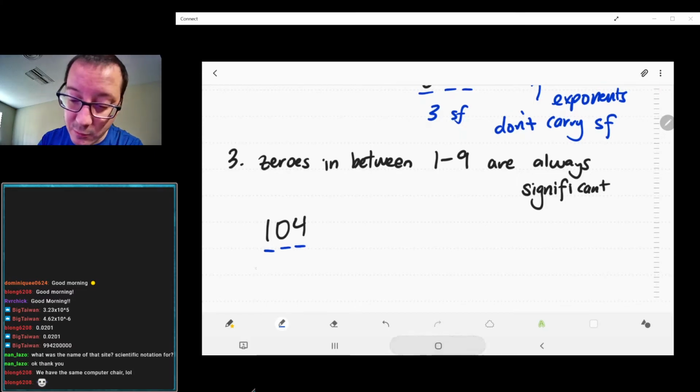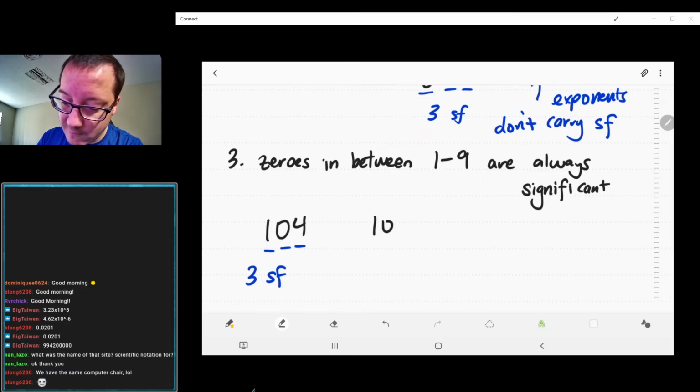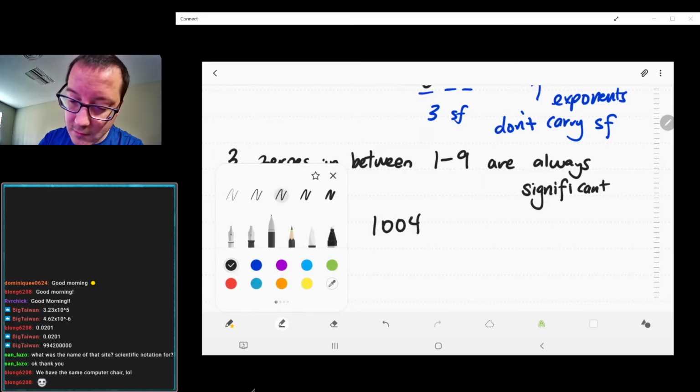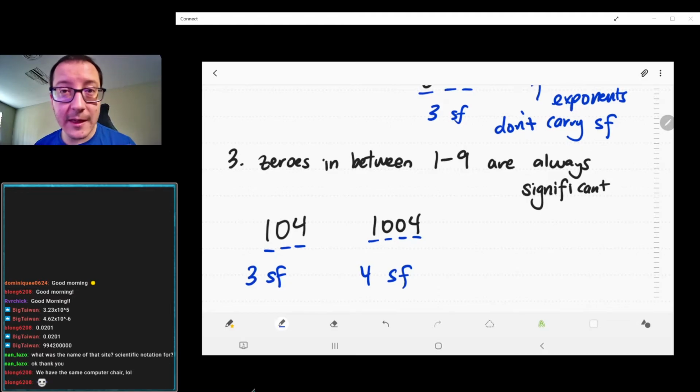And so this number will have significance on that zero. If we throw more zeros in, all of those are still going to be significant. So anytime we see zeros in between whole numbers, that's when we're going to have them be significant.